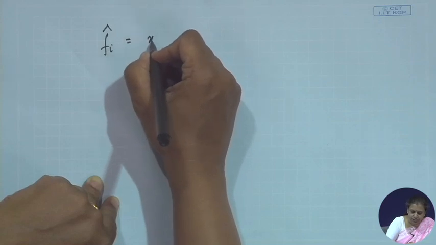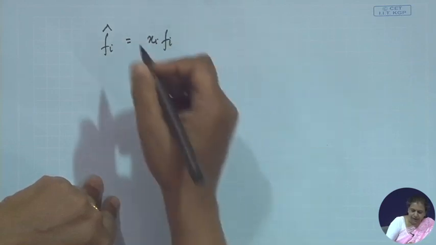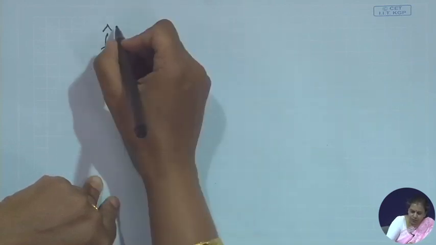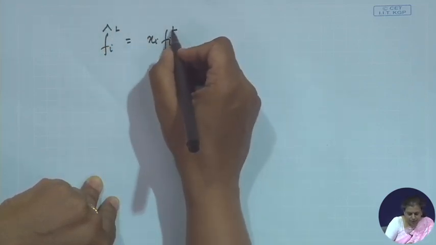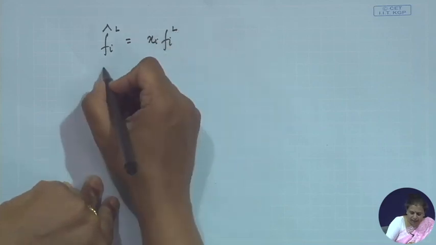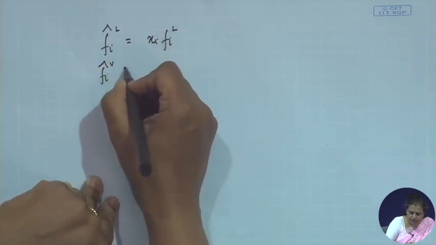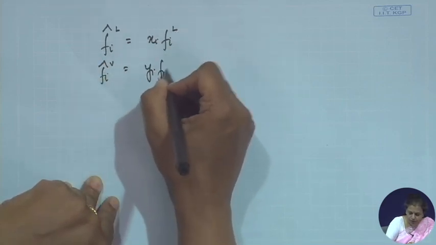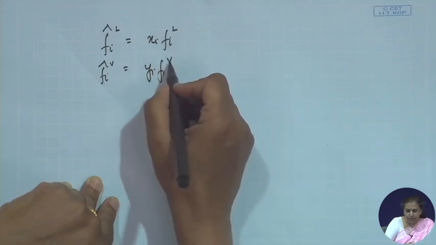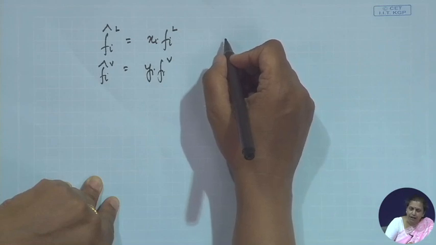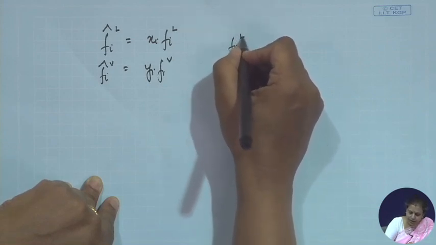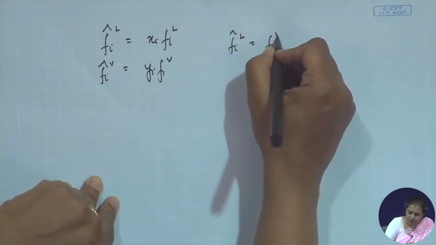This is equal to xi fi. If this refers to a liquid solution, it can be denoted by a superscript L, and if it is a vapor solution, then it can be represented by a superscript V. And we found out that under equilibrium conditions, fiL equals fiV.